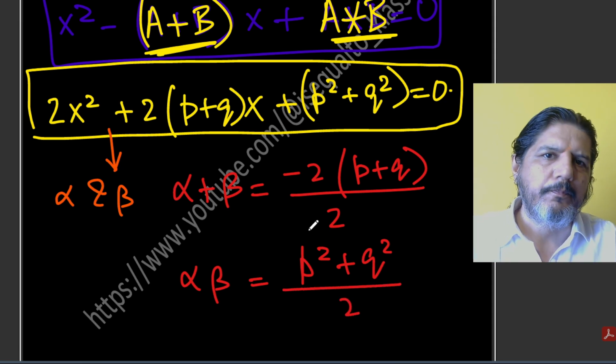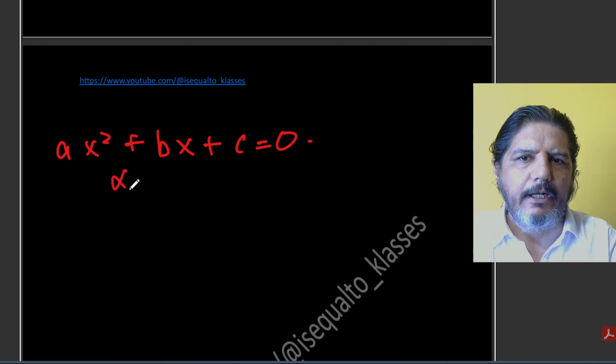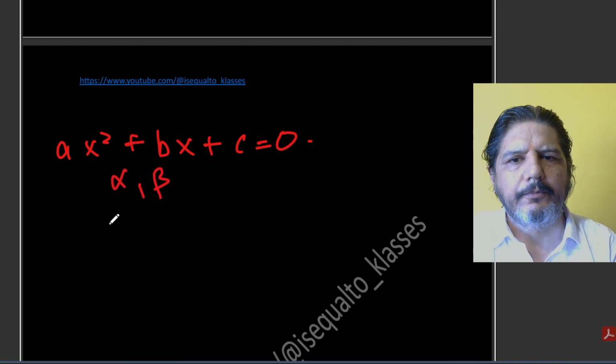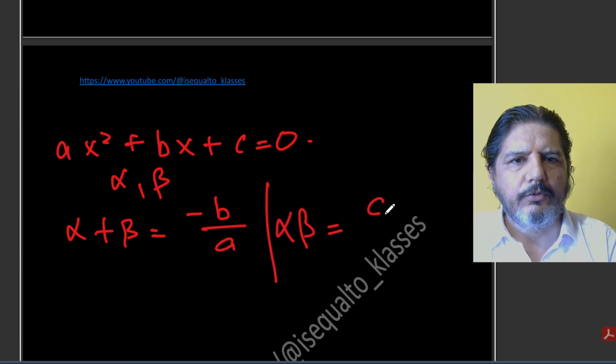I hope you know this: if you have an equation ax square plus bx plus c is equal to 0, and alpha and beta are the roots of this equation, then alpha plus beta is equal to minus b upon a, and alpha into beta is equal to c upon a.